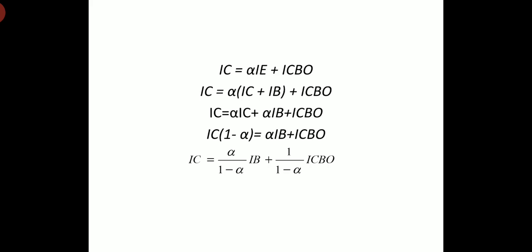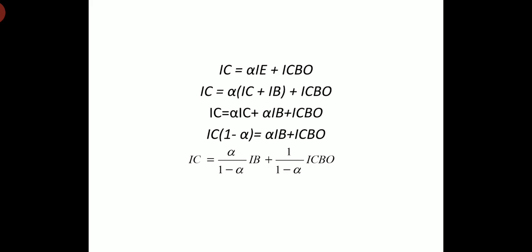So I can write IC equal to beta into IB plus 1 plus beta into ICBO, since alpha by 1 minus alpha is represented by beta, and 1 by 1 minus alpha is represented by 1 plus beta. So even if alpha varies by a small amount, beta varies by a large amount.